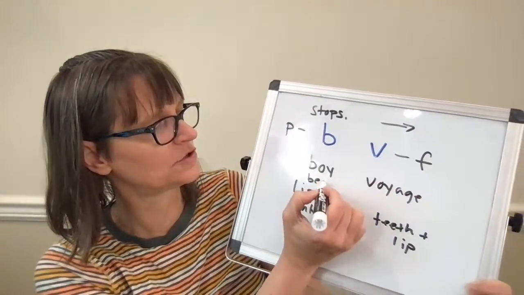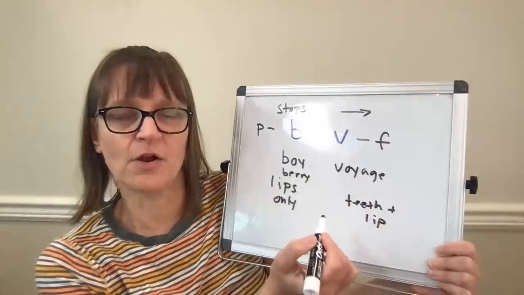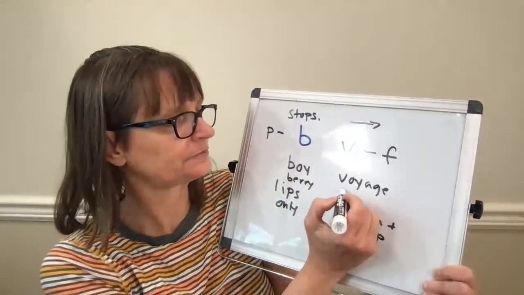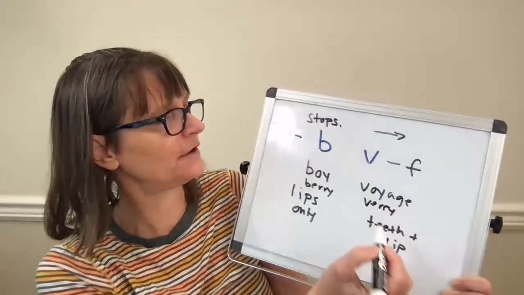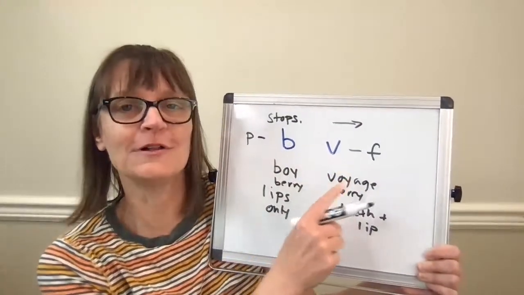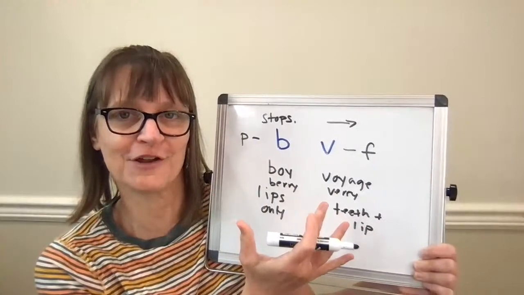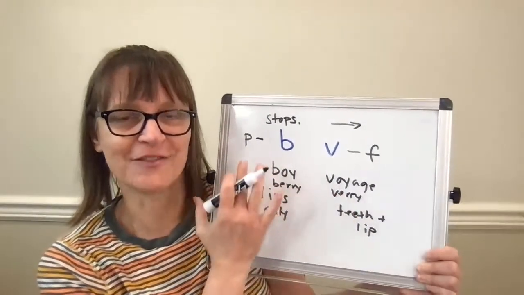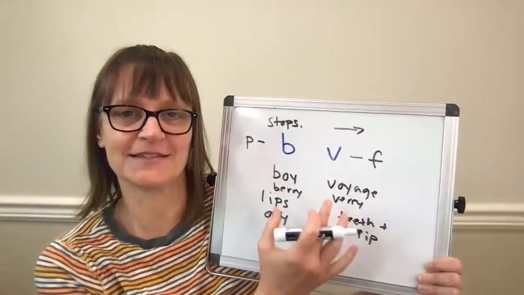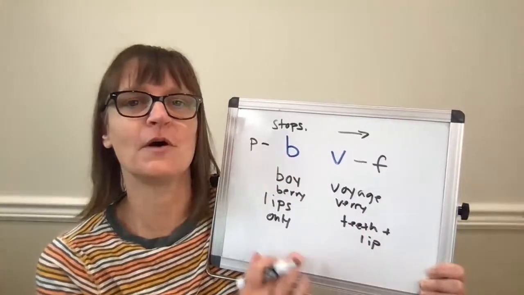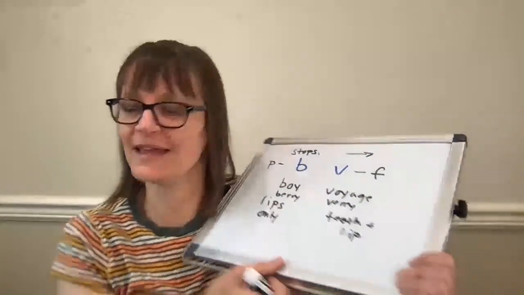So you can also try berry versus very. I do have a video about the words bowel and vowel, because those are problematic for a lot of people. They want to make sure they're making those easily distinct from one another. And in that video, I go through in a lot of detail the B and V sounds.